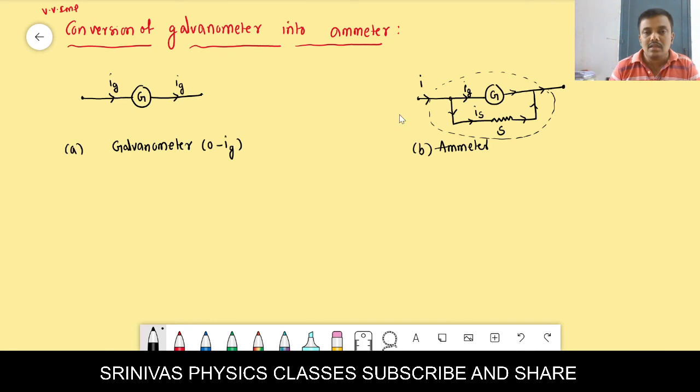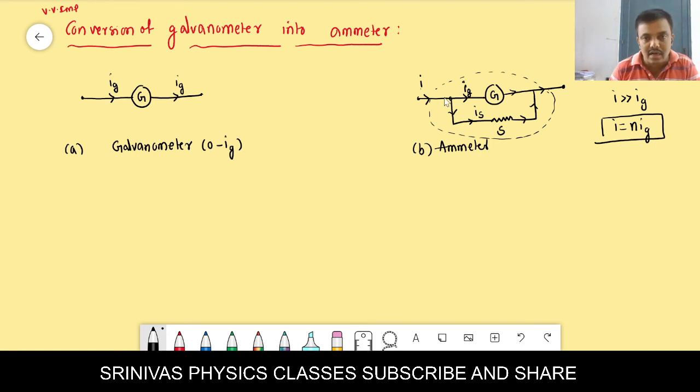Now there is one relation between Ig and I. By using some multiplication factor, we can measure the current I, where I is much greater than Ig. I is n times Ig. Previously it could measure only Ig, that is galvanometer.